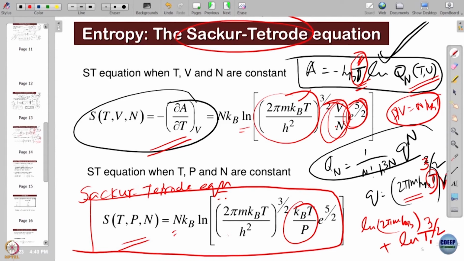So, the basic idea of my telling all these things again in great detail is to give you an idea how statistical mechanics flows. Just like in quantum mechanics, you do particle in a box, you learn how you solve the time independent Schrodinger equation by putting boundary values, and when you do that, lo and behold, discrete energy levels appear, and then you immediately find a use of that particle in a box in explaining the spectra of butadiene or conjugated polymers.